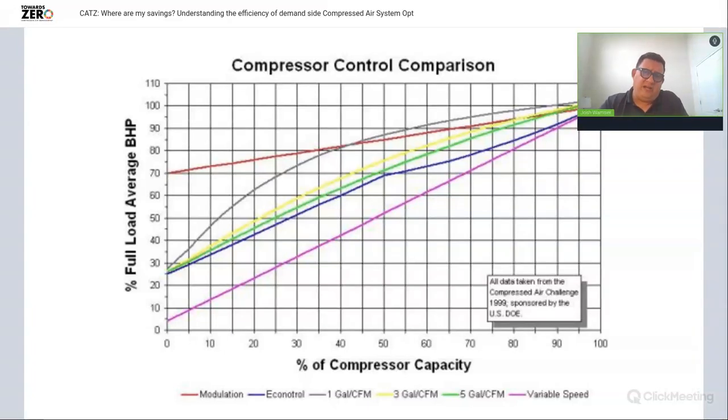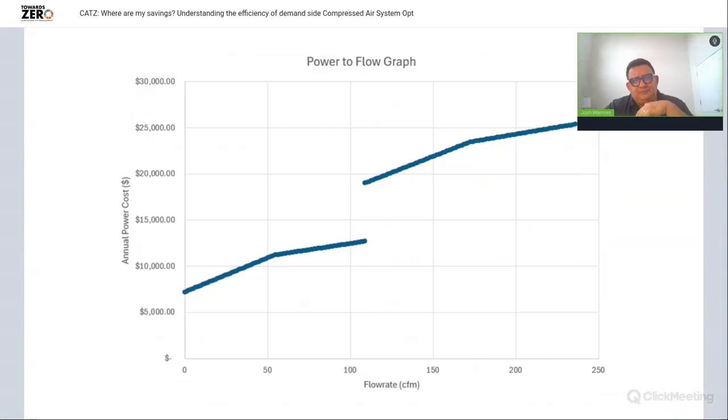If we're operating at 100% of the compressor, our expectation is 100% power, 100% flow. But as we come off of that 100% flow, we do not have a linear reduction in power, and that varies by different types of compressor control. I'm just putting that out there as a reminder moving into this.